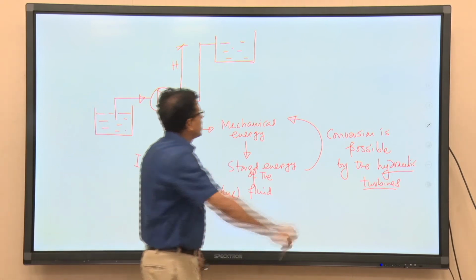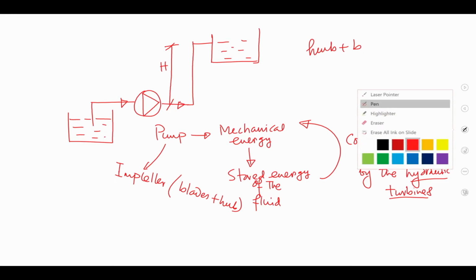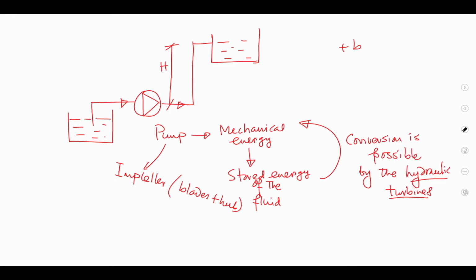To be precise, let me tell you, this hub plus blade is known as impeller for the pumps, the same is known as runner for the turbine.